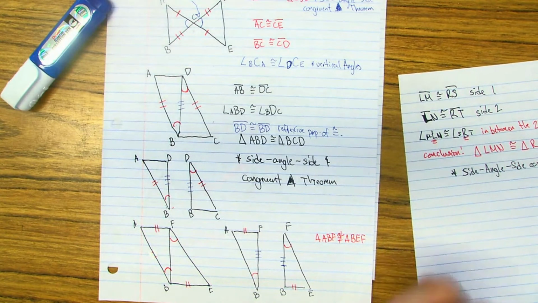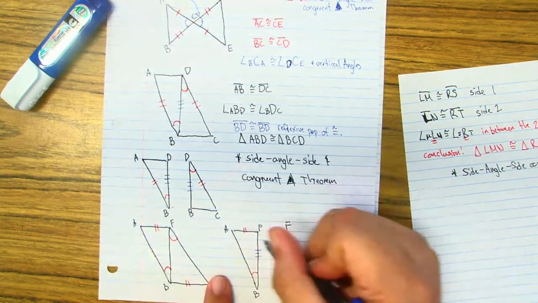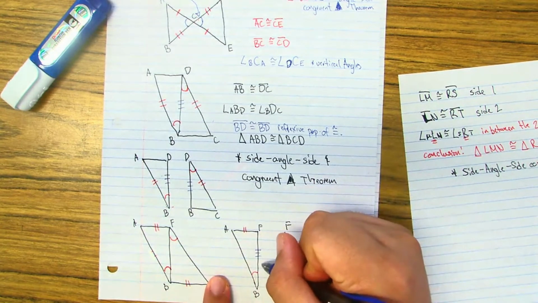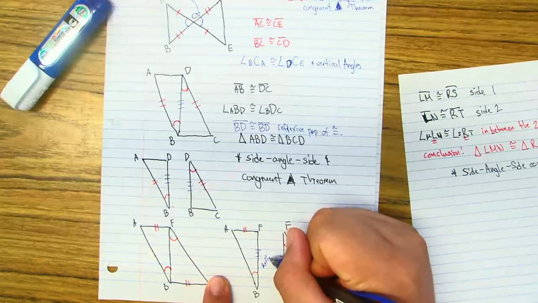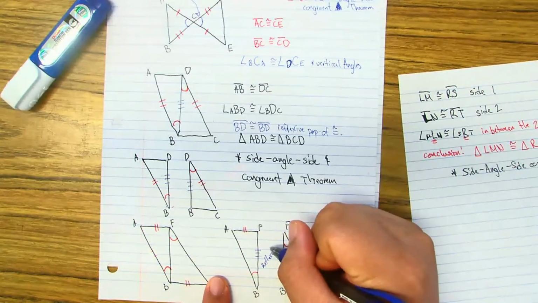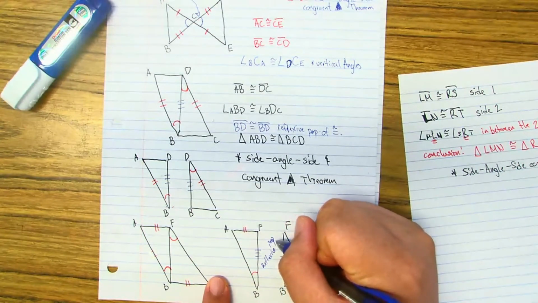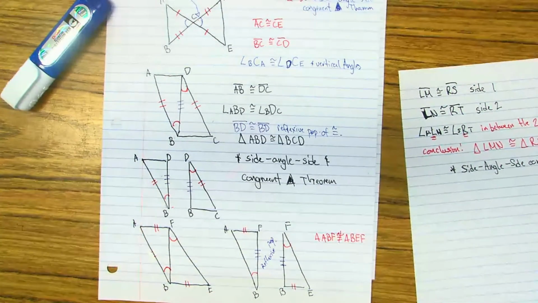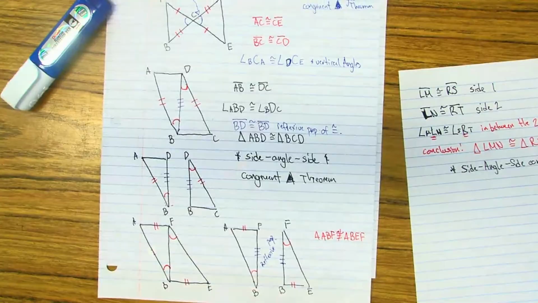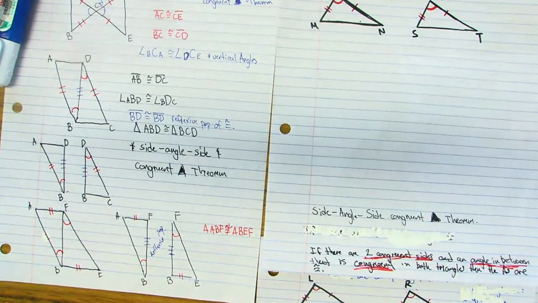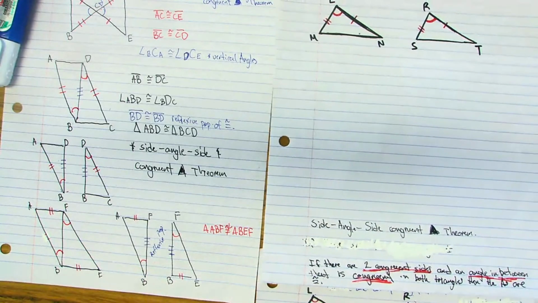Once again, you've got this one here in the middle. They're congruent because of, once again, the reflexive property. But why are the triangles not congruent?